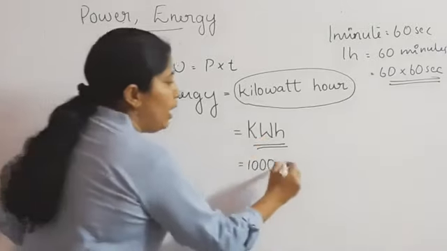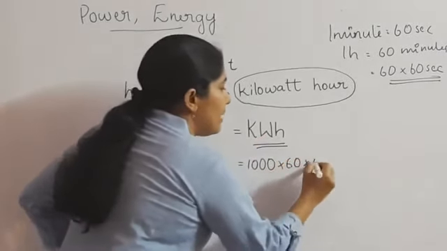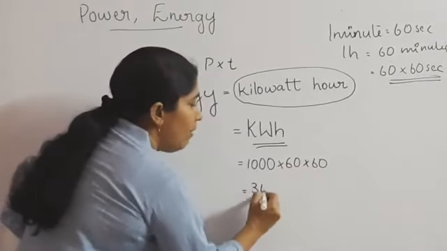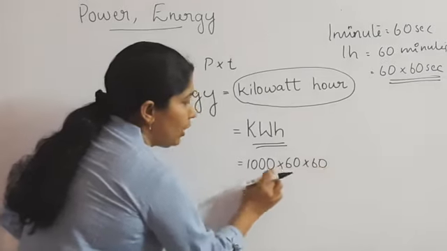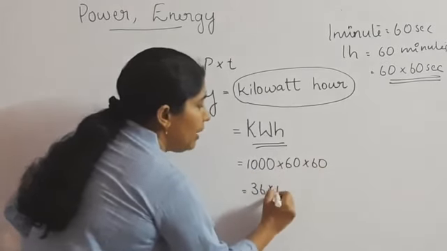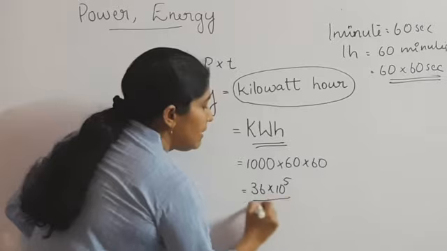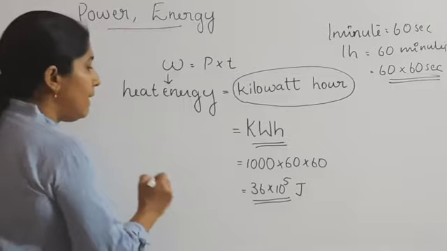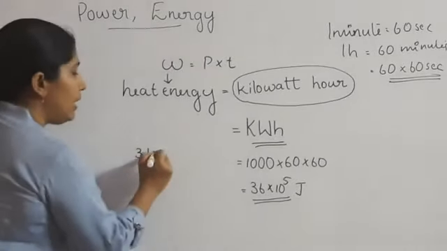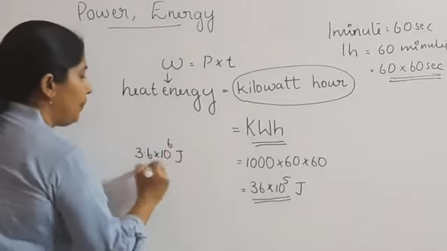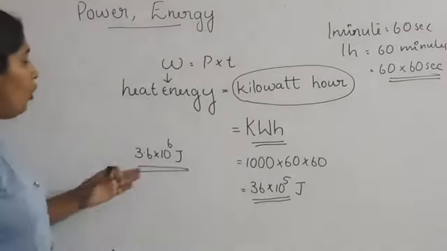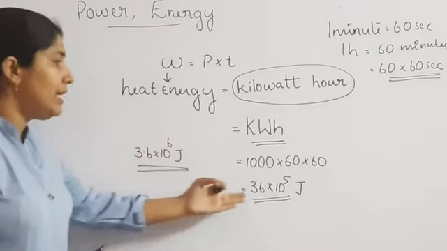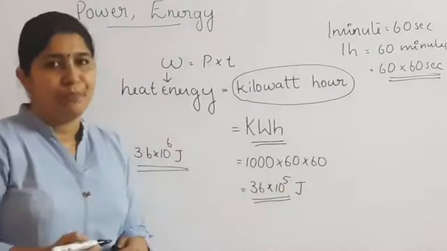Now we can put that value here, 60 into 60, that's equal to 36, and the remaining zeros, 1, 2, 3, 4, 5, into 10 raised to 5. 36 into 10 raised to 5 Joule, or we can write it as 3.6 into 10 raised to 6 Joule. 1 kilowatt hour is equal to 3.6 into 10 raised to 6 Joule, or 36 into 10 raised to 5 Joule.